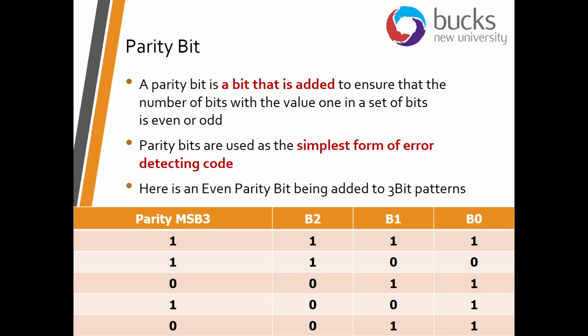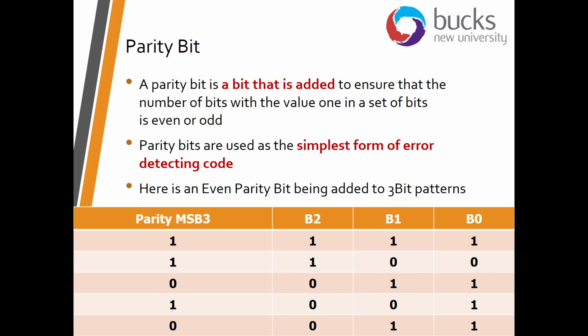In the second row, our 3 bits that we're trying to send as data is 001. So we add a 1 parity bit, again because in 001 there's only 1 bit there, it's an odd number, so to make it even, we're adding that 1 parity bit.